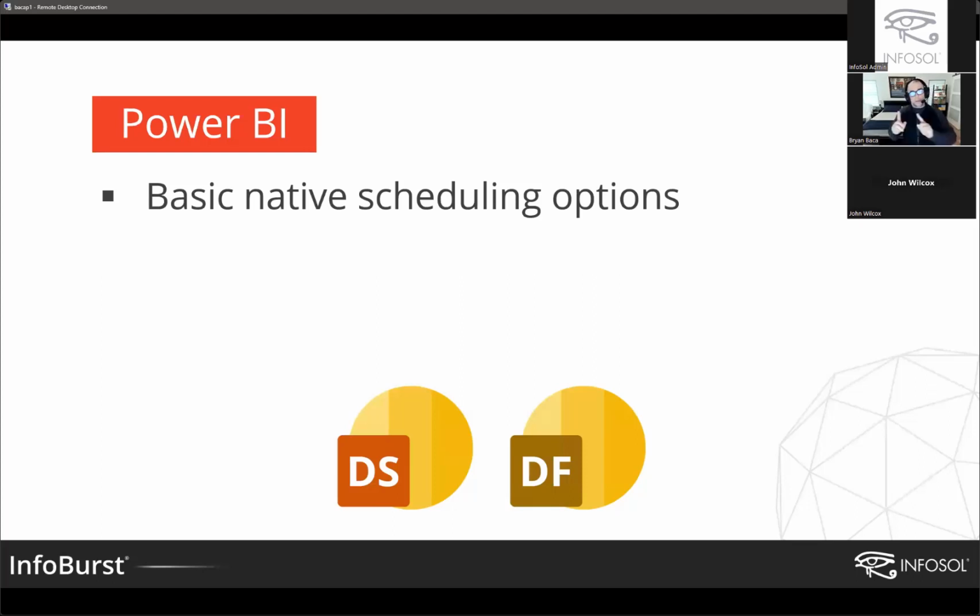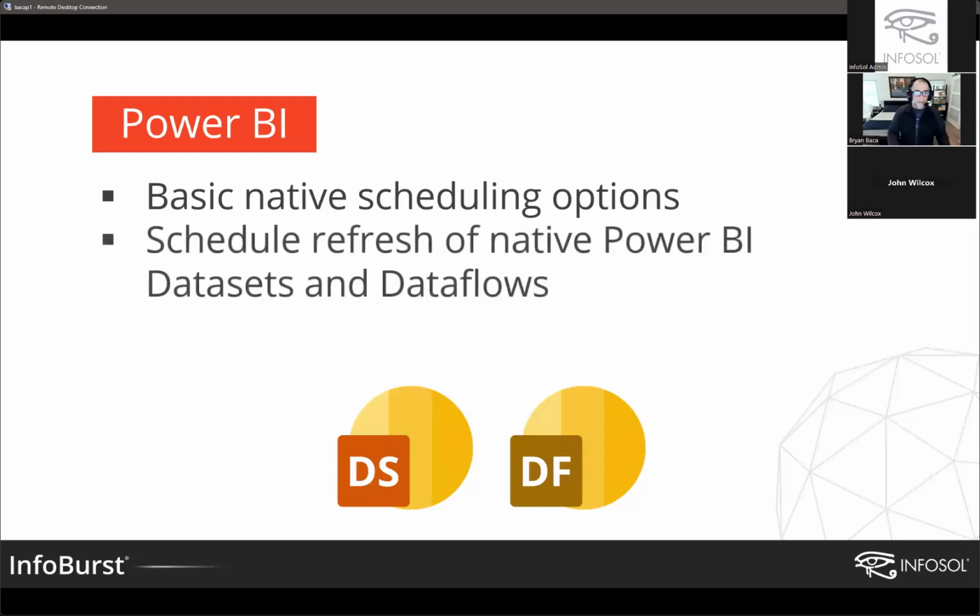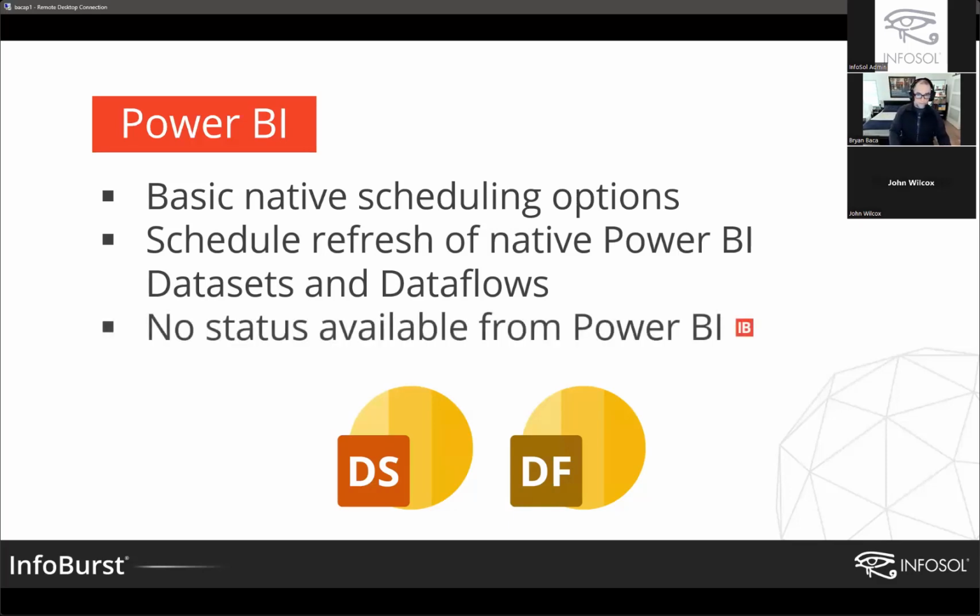So in 2022.4, we've added the ability to add to InfoBurst a data set or a data flow from Power BI, and then schedule that just like we would anything else in InfoBurst. I'm going to show you that in a moment, but before I do, there's just one small note about this.